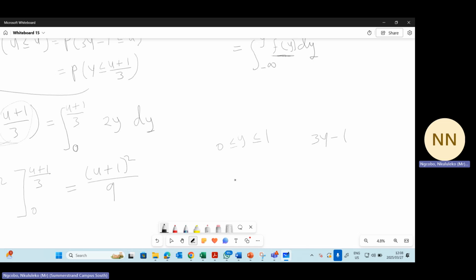So the interval of u then should be, say, multiplied by 3 both sides. It's going to be 0 less than 3y times 1 times 3, right? Then you minus 1 because you want to find the interval for u.